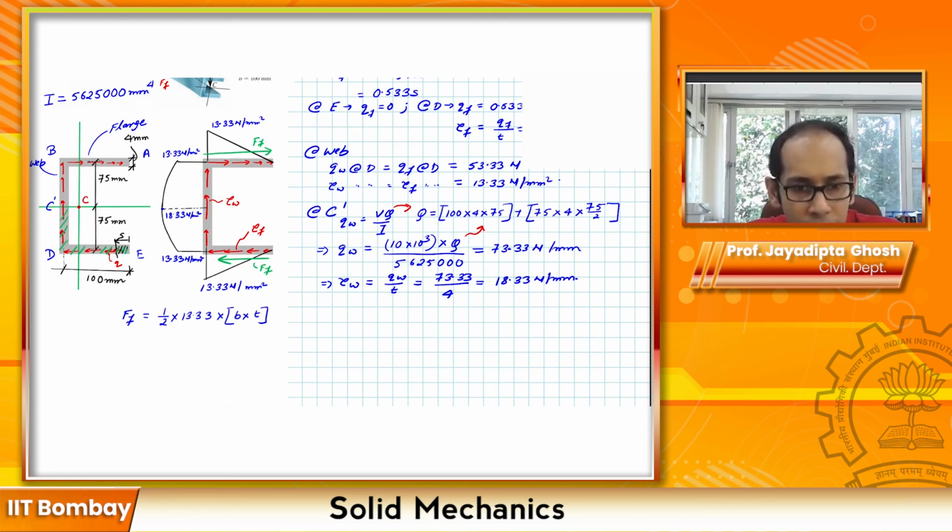But here your tau f is linearly varying. It starts from 0 over here and goes up to 13.33. So that is why you have this half of 13.33. It's like a triangular load kind of concept, right? It is half times 13.33, but the area over which it is acting remains the same. It is b times t. So if you plug in the numbers, let's see what we get.